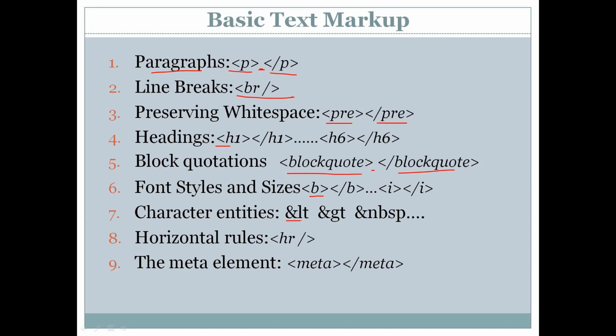These character entities can also be used to display some special symbols which cannot be directly printed on the web page. Then horizontal rule, for that we have the HR tag which simply adds a horizontal line on the web page. Then we have a meta element, a meta tag which stores information about the web page, which is helpful for the search engines.